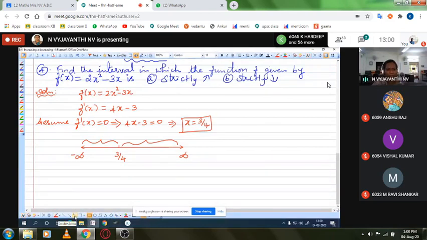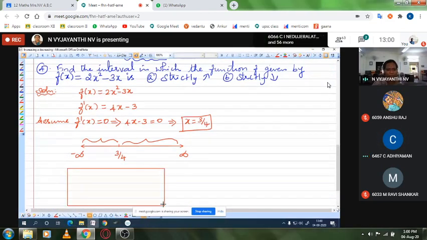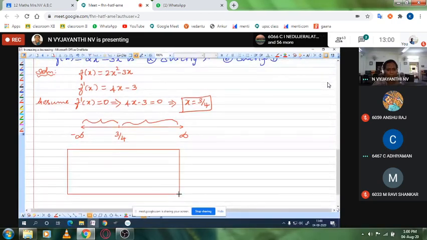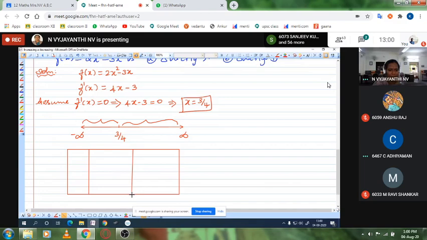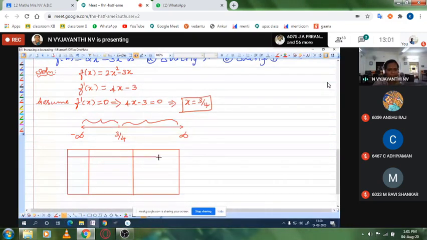So I'm going to make a table like this. Firstly, a column for interval, secondly, for calculation, and we will write the heading here.